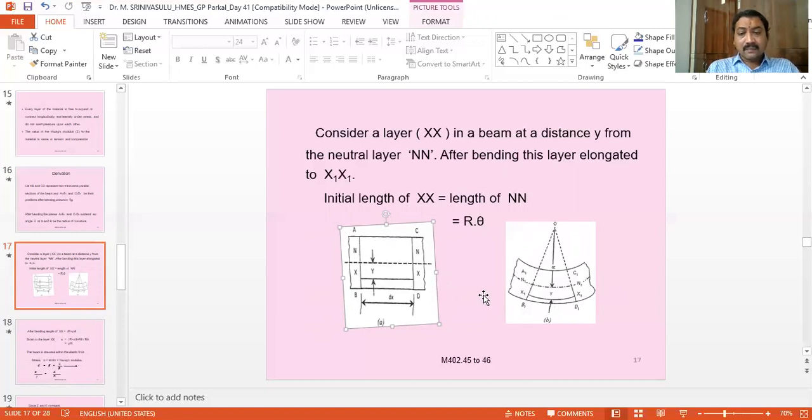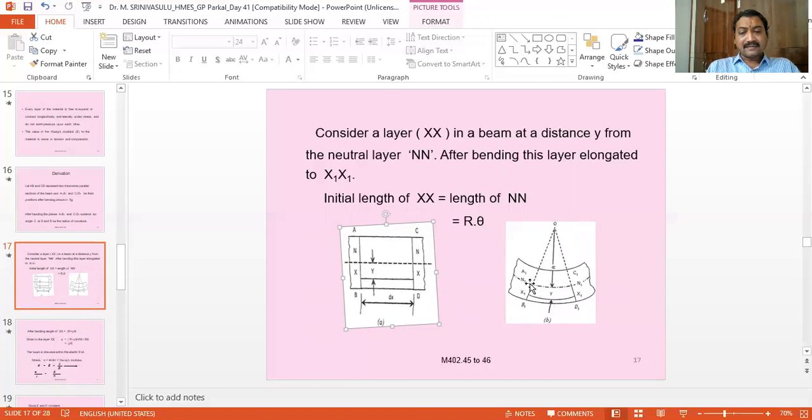And here, this is the figure. When the load is applied, it starts bending. So this is the curvature. Generally, we should take the radius of curvature at the midpoint, that is at the neutral axis.